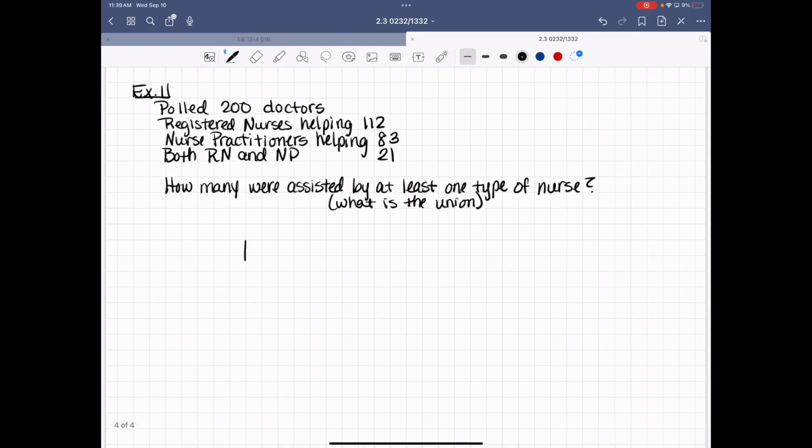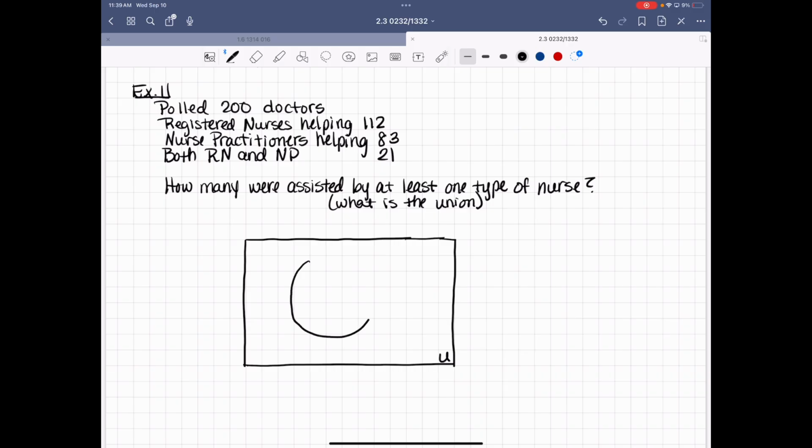So let's draw a diagram so you can kind of see what's going on here. The big universal set are the 200 offices of doctors, the 200 doctors' offices that they went into. And so you've got two sets, A and B. You've got the registered nurses and the nurse practitioners. And yes, those of you that are going into healthcare, I'm very well aware that in order to be a nurse practitioner, you first have to have been a registered nurse.